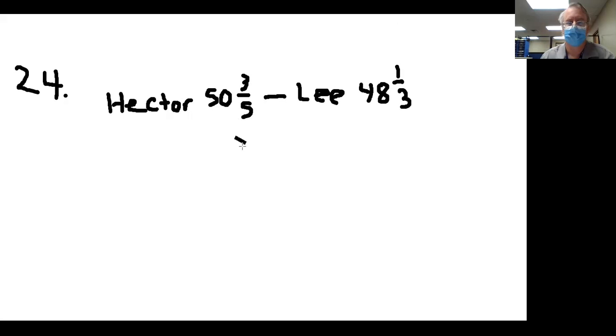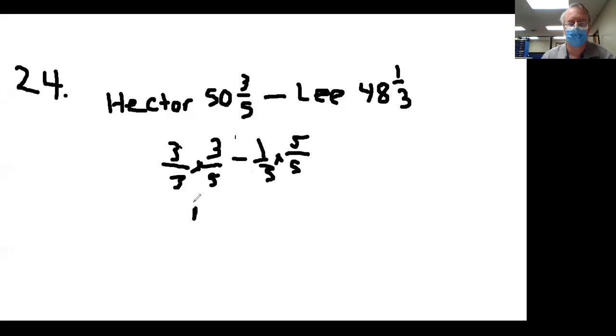Let's just drop down a fraction here, 3/5 minus 1/3. 3 times this side. 9 over 15 minus 5 over 15 equals 4 over 15.